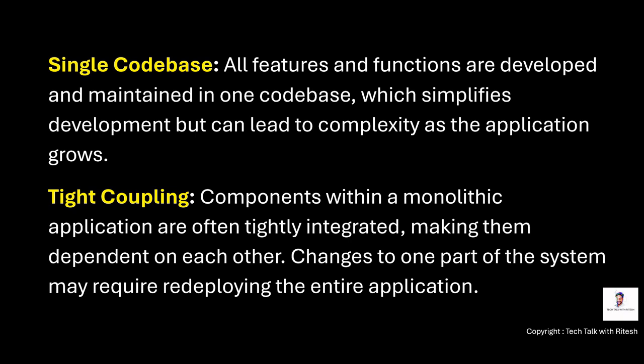That is called tight coupling, and we don't need tight coupling. The recommendation is to have loose coupling. With monolithic architecture, we have tight coupling. Components within a monolithic application are often tightly integrated, making them dependent on each other. Changes to one part of the system may require redeploying the entire application.